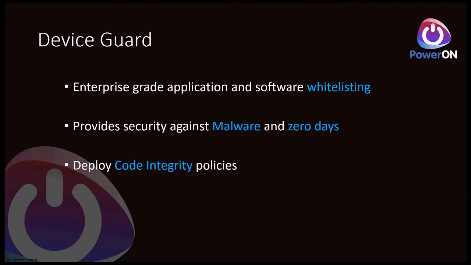It's a bit of a longer process, and deploying code integrity policies in either of these methods is going to be a challenging way to maintain the code integrity policies in your environment as new applications are being introduced as well.